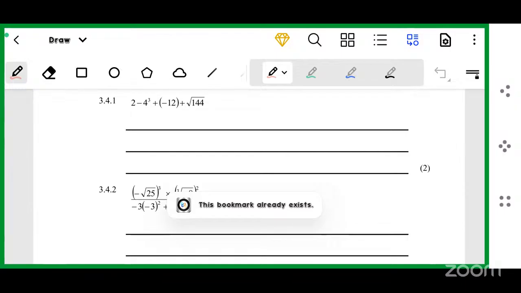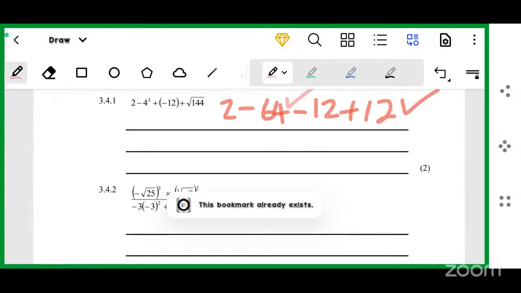So I started off by saying 2 minus 64 minus 12 plus 12. Tick and tick.